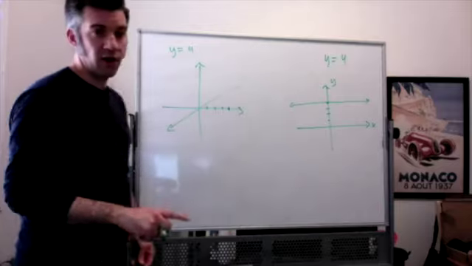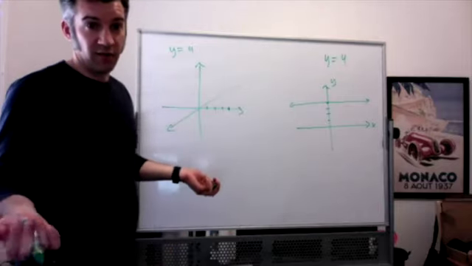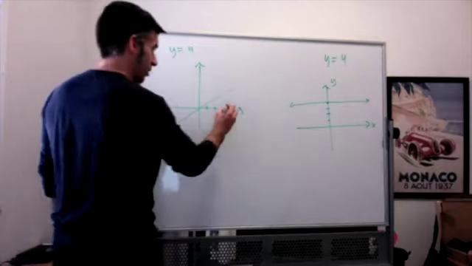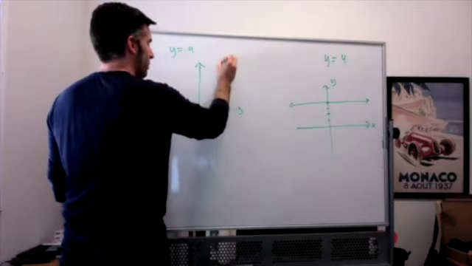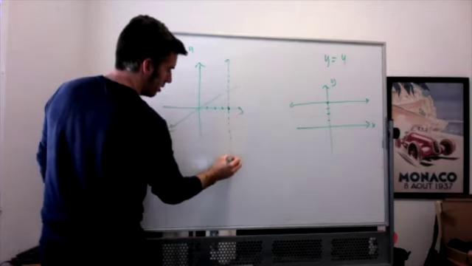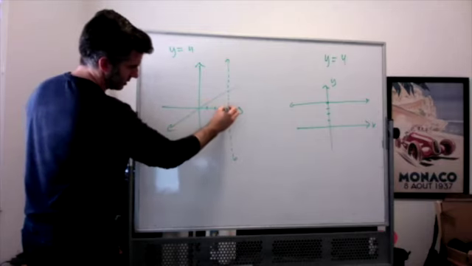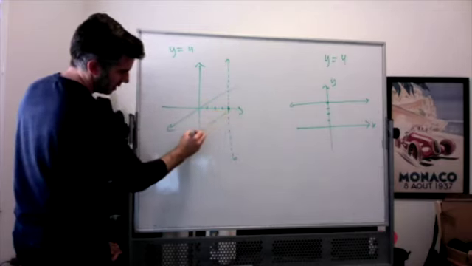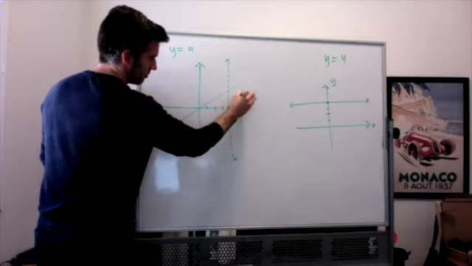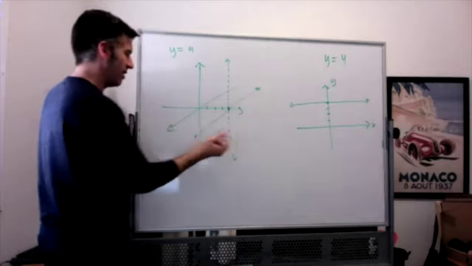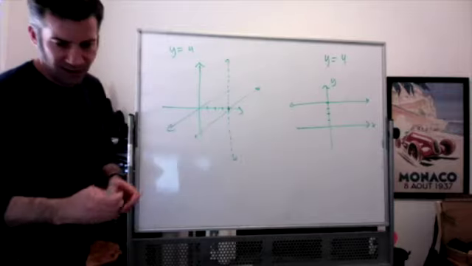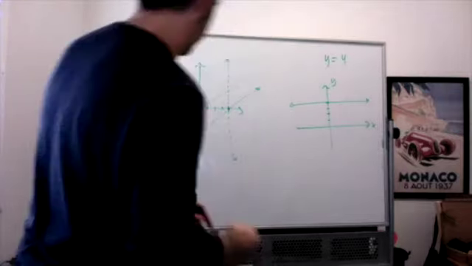And then I have to go in the other missing variable directions as much as possible. So I'm going to go up. I'm going to go down. I'm going to go forward. To go forward, I have to go parallel to the x-axis. I'm going to go backwards. And then I'm going to try and draw a plane-looking thing.